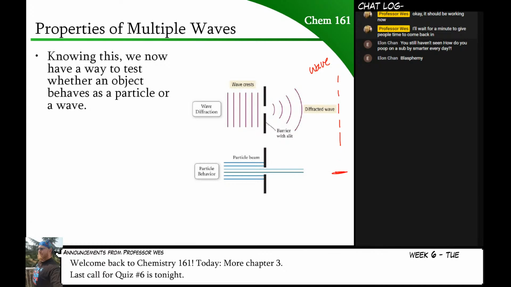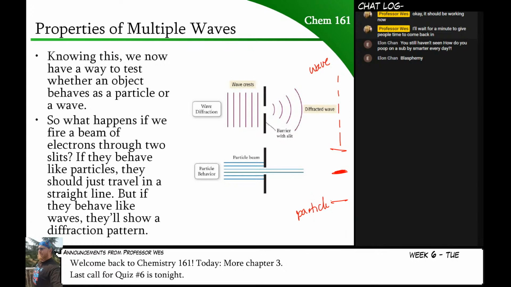If I get this sort of pattern where it only lights up here and it's completely empty here for the rest of it, then my electron behaves like a particle. And so here we go. This is like definitive proof. We can figure out what an electron behaves as and then use it appropriately.